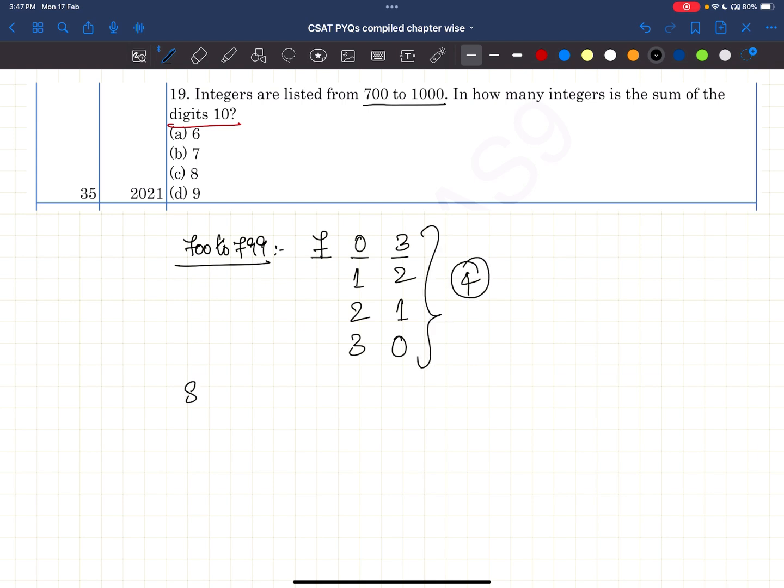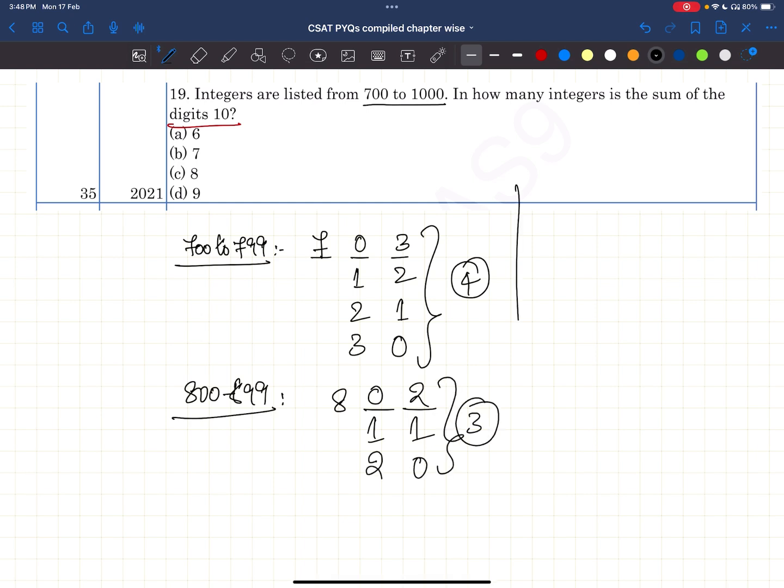Now from 800 to 899. 8 is fixed here. If you take 0 here, it becomes 2. If you take 1, it becomes 1. Right? If you take 2, it becomes 0. That means 3 possibilities.